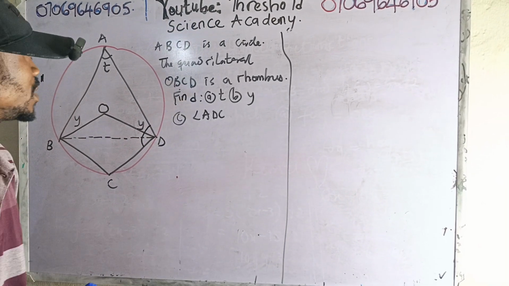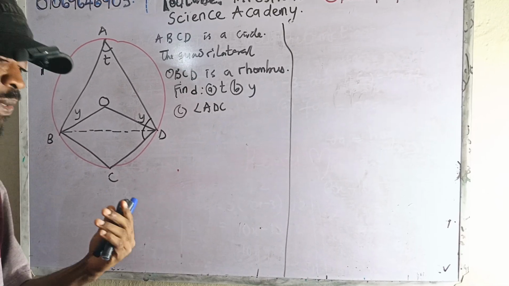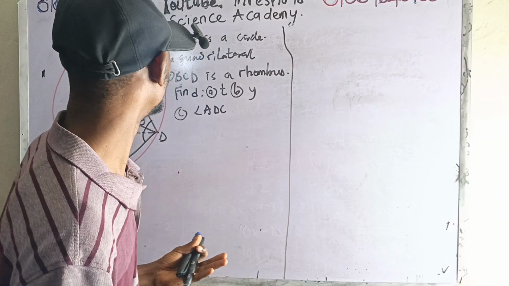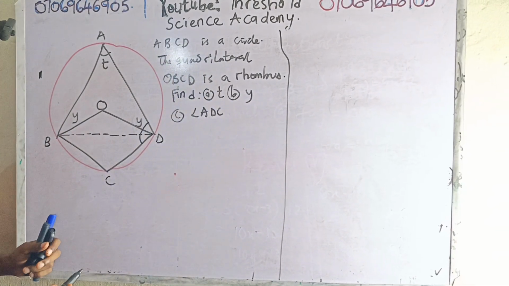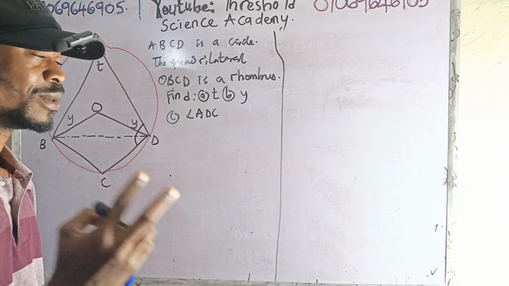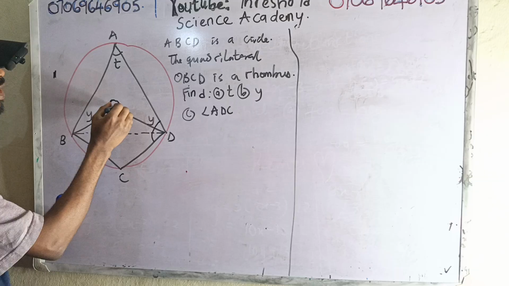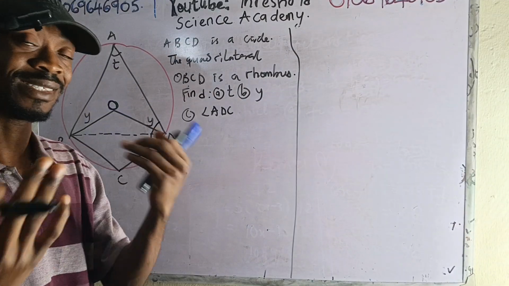So let's quickly start. Here we're going to be making use of a series of circle theorems. The first one is that the angle at the center is twice the angle at the circumference. O represents the center here. Whenever you see O, they're telling you that that is the center.